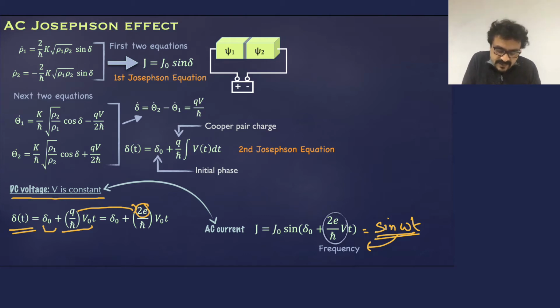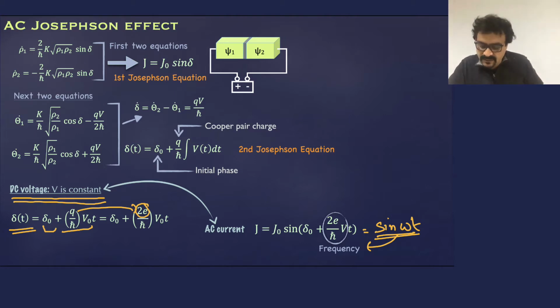So when you apply a DC voltage, a constant voltage across the junction, you get an AC current, an alternating or oscillating current through it. When we did not apply any voltage, that is the DC Josephson effect, you got a DC current. Now when you apply a DC voltage, we get an AC current.